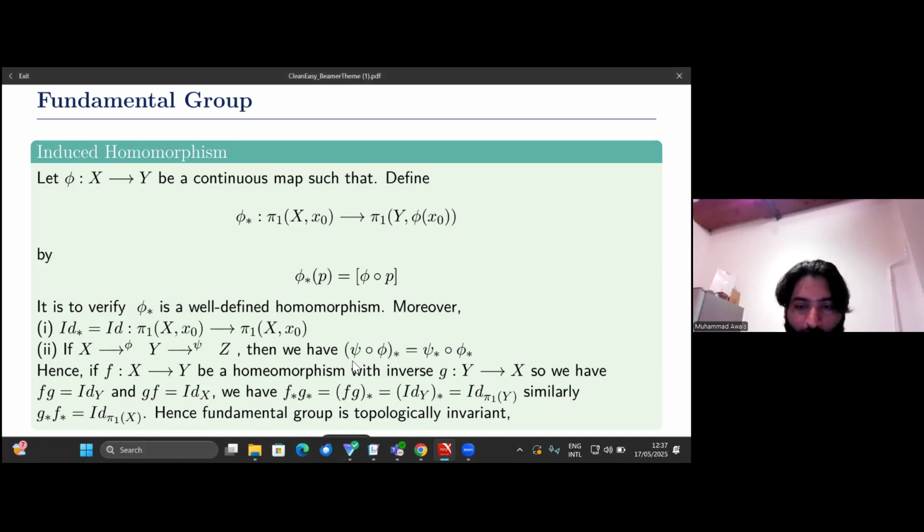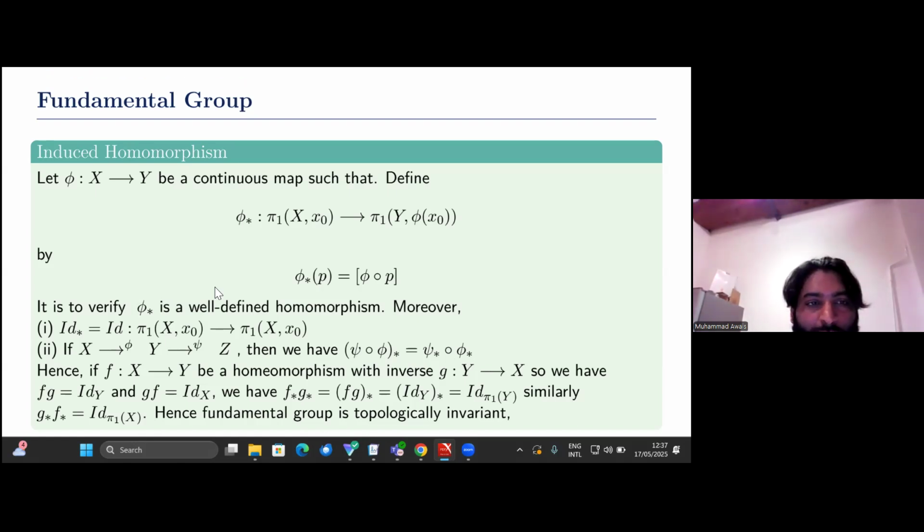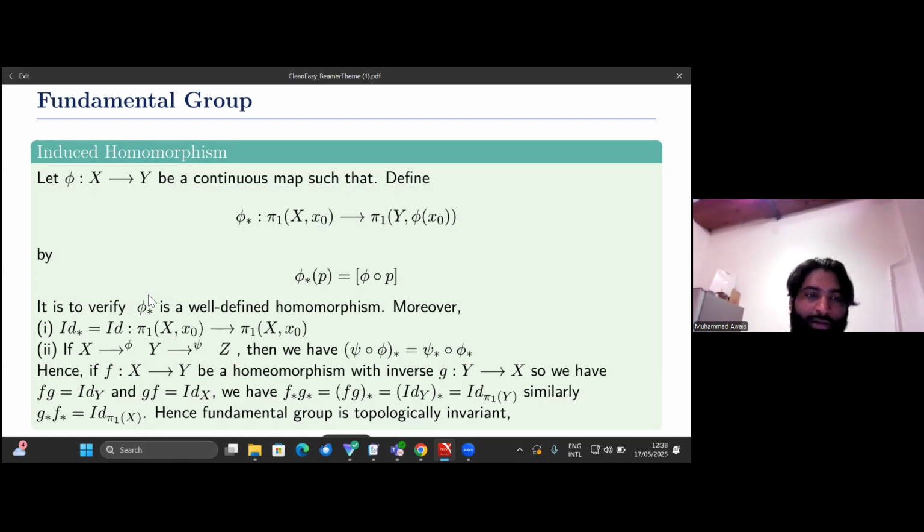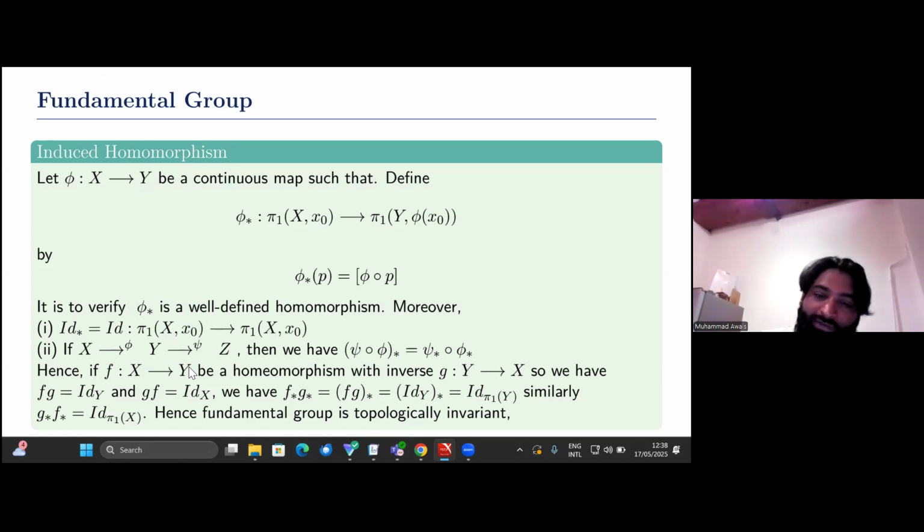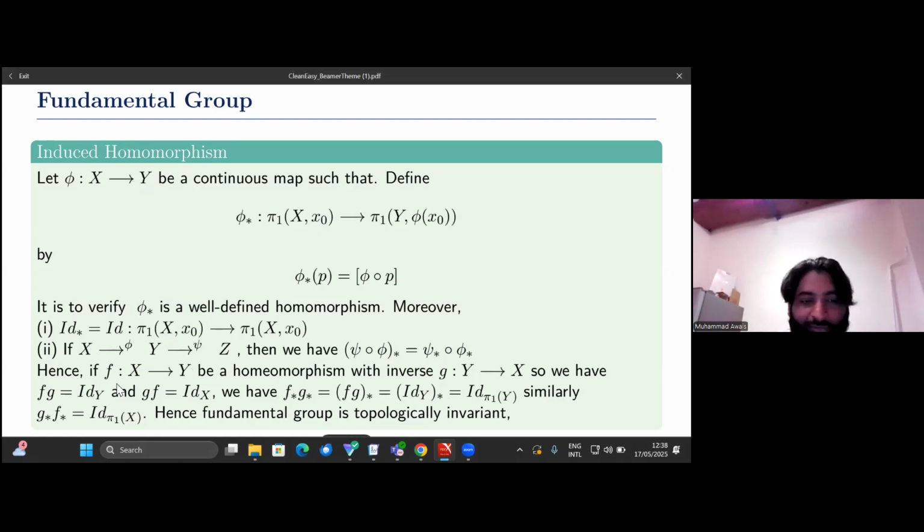With these two properties, one can see that the fundamental group is a topological invariant. Let X and Y be homeomorphic spaces. It means I have a bijective continuous map from X to Y whose inverse is also continuous. Let's say f is the map and its inverse is g.